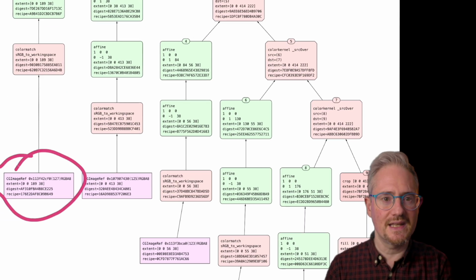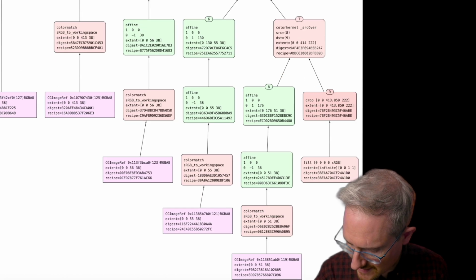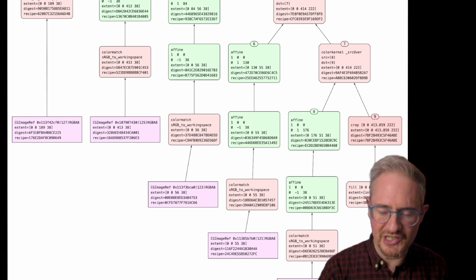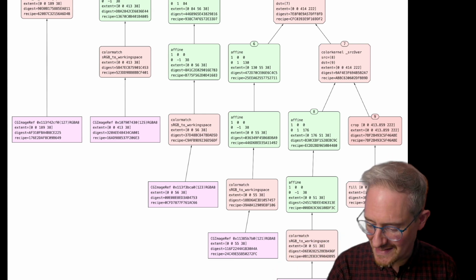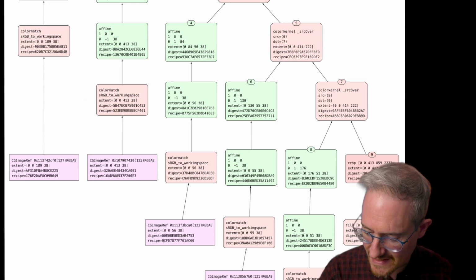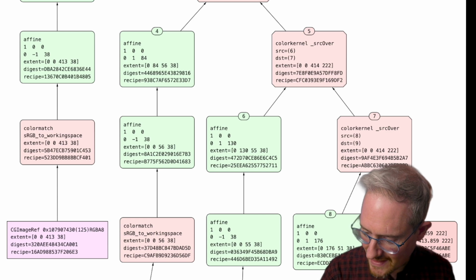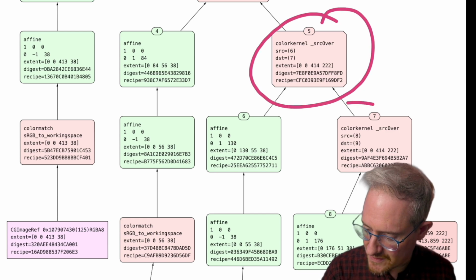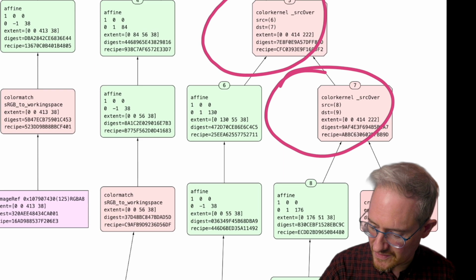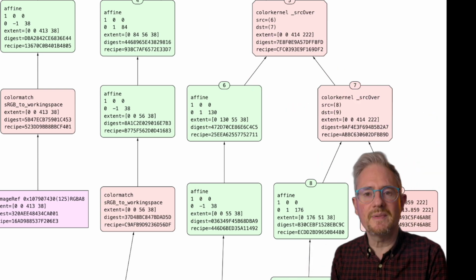Because I'm working with images in this particular case, I think it actually makes CG images when it's doing the text, and then it does a bit of color matching. Here's our transforms, that affine thing. Here's another transform by 84. And then we've got these source over, the composite operations, but it is a little bit complicated to think about.